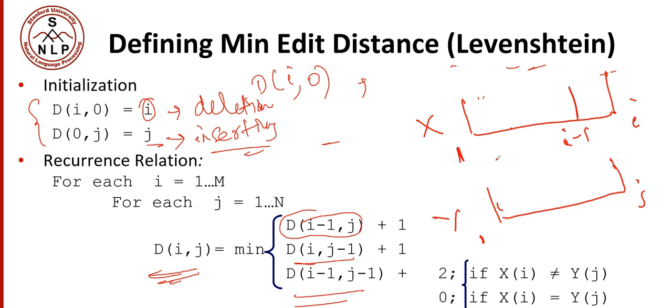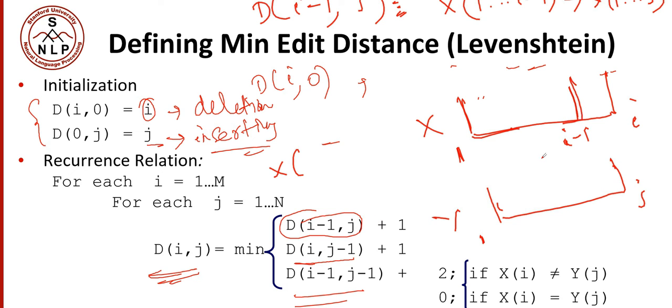In the first case, we have already calculated D(i-1,j). That means transforming x[1..i-1] to y[1..j] is already done. Given this, we would have already transformed into y[1..j].